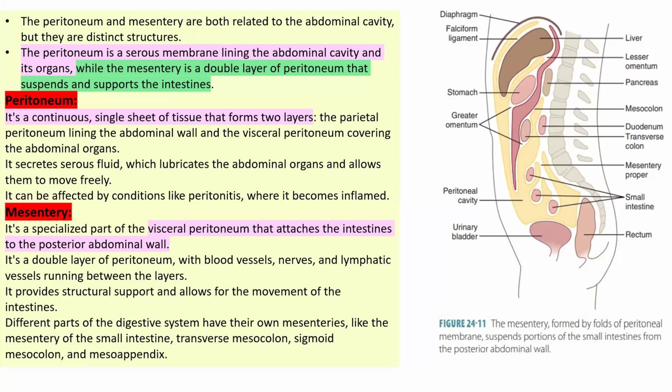It is a double layer of peritoneum with blood vessels. There are blood vessels, nerves, and lymphatic vessels running between the mesentery layers, which I have shown you in an image in previous videos. It provides structural support and allows for the movement of the intestines.